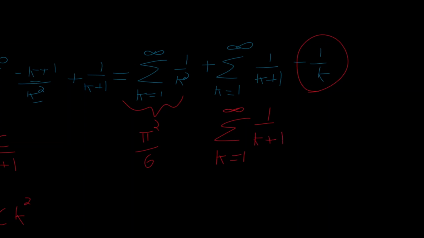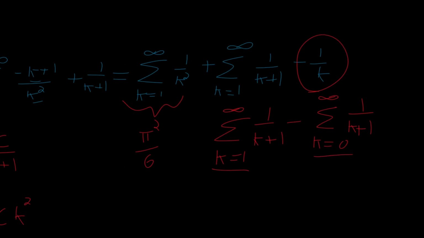But this next term we can reindex as another sum. So we can say this is now the sum from k equals 0 to infinity of 1 over k plus 1. And you'll see it'd be really nice if you could get these two things to cancel. The only thing that isn't allowing them to cancel completely is the fact that one starts at k equals 1 and this starts at k equals 0.